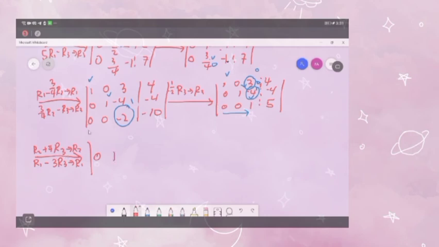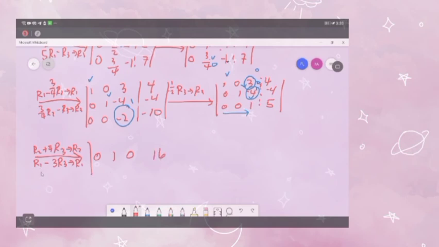Okay, and negative 4 plus 4 times 1 is 4, so it's equal to 0. And here negative 4 plus 4 times 5, 4 times 5 is 20, so 20 minus 4 is equal to 16. So this is 16 here.